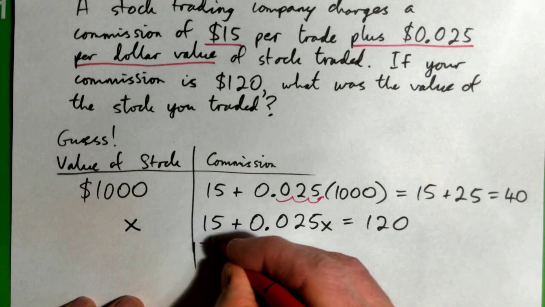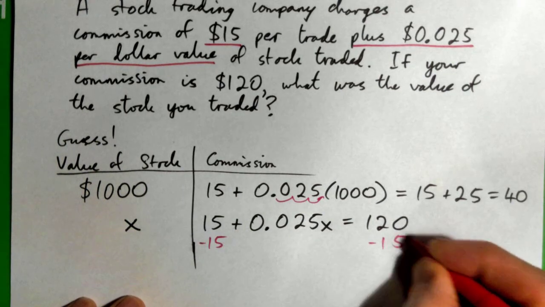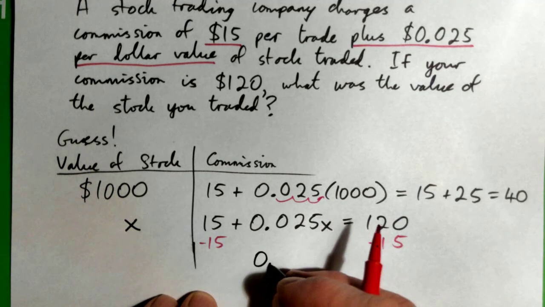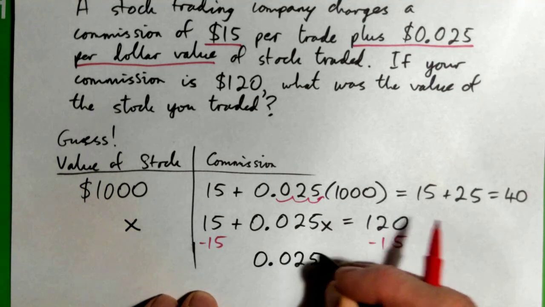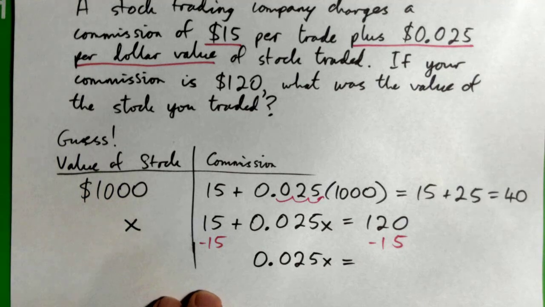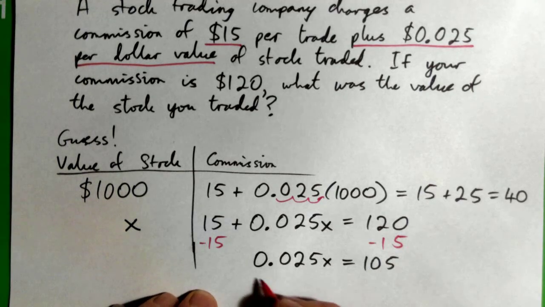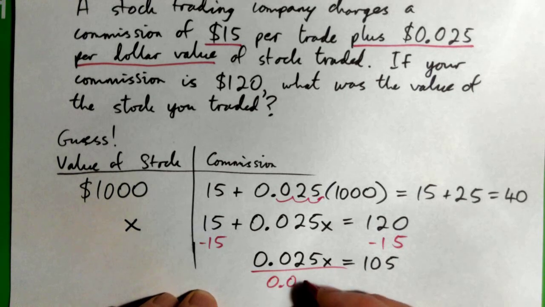Subtract 15 from both sides, and that equals 105. Divide both sides by 0.025.